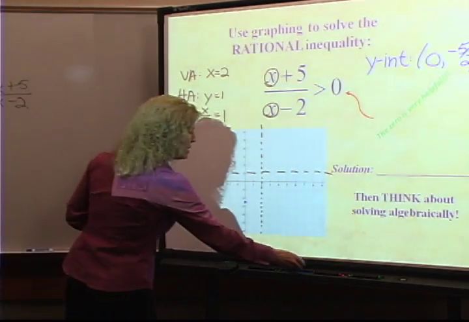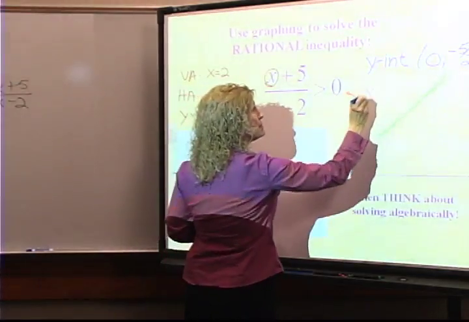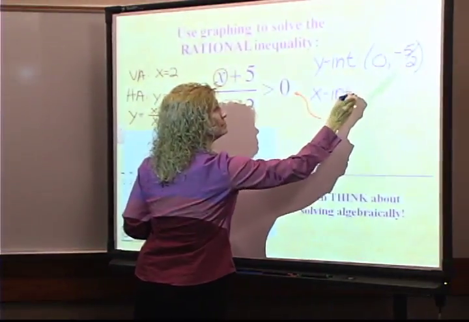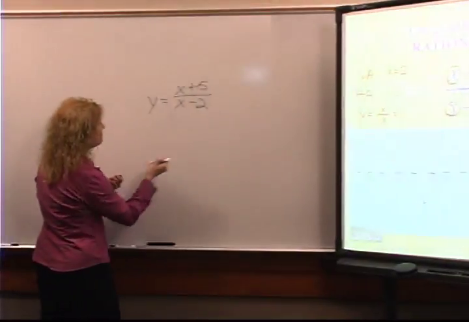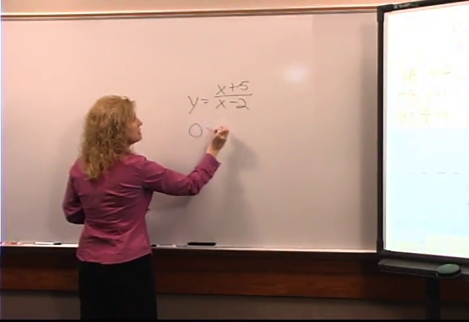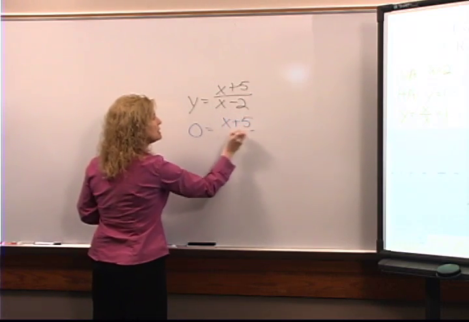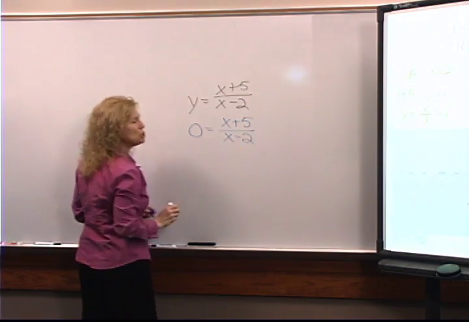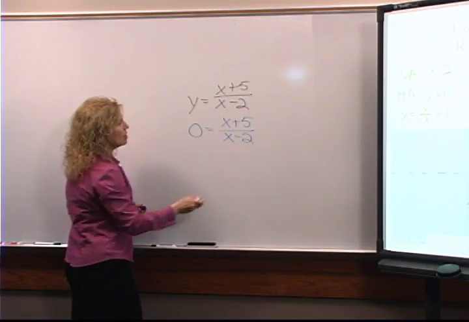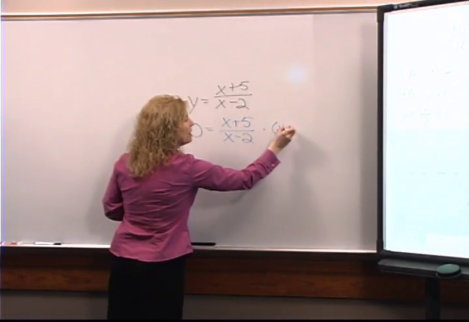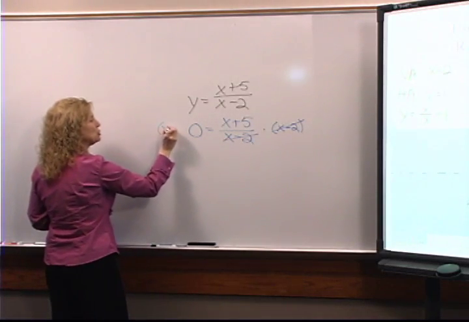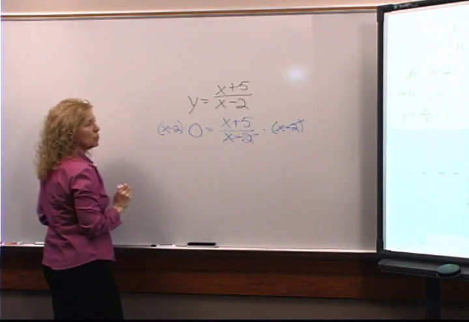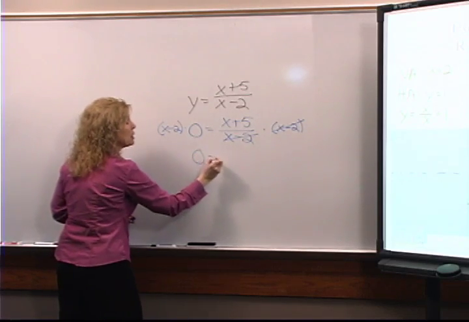Well, do you remember how we get an x-intercept? Well, in that case, we're going to put 0 in for y. 0 equals x plus 5 over x minus 2. We're effectively multiplying both sides by x minus 2, which on the left just stays at 0.